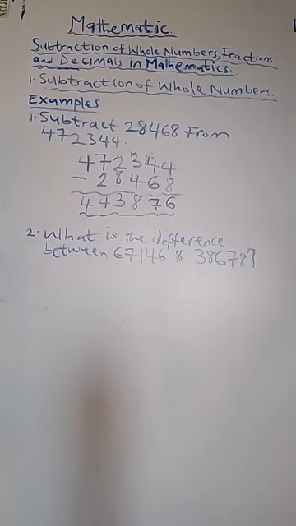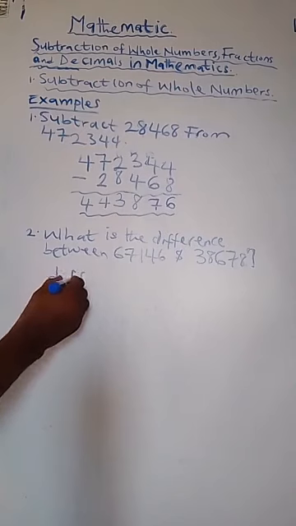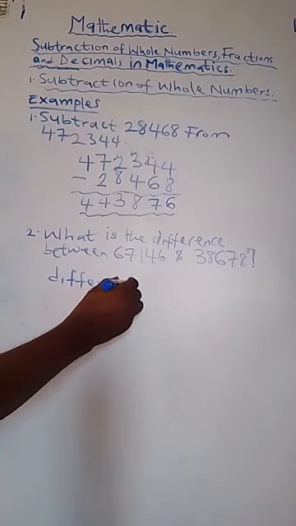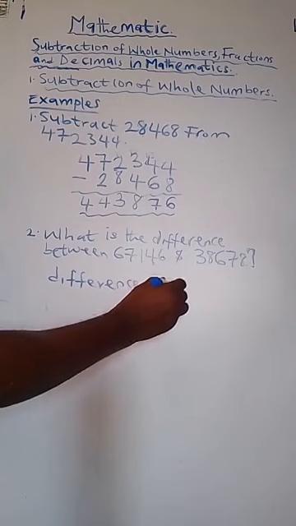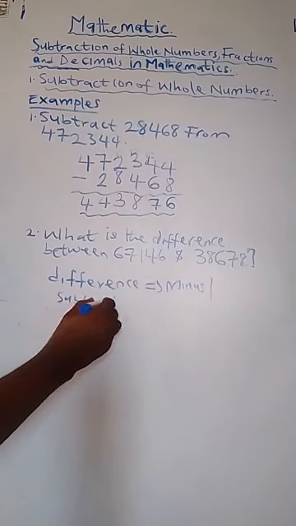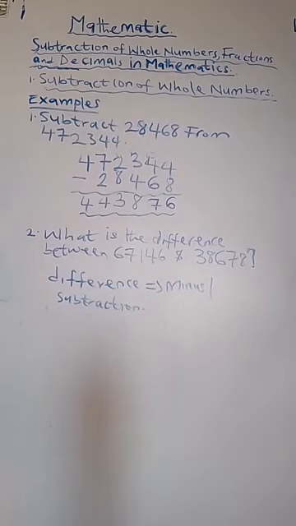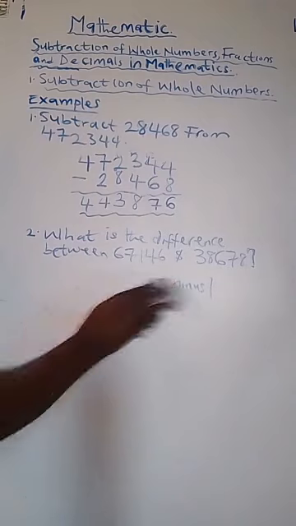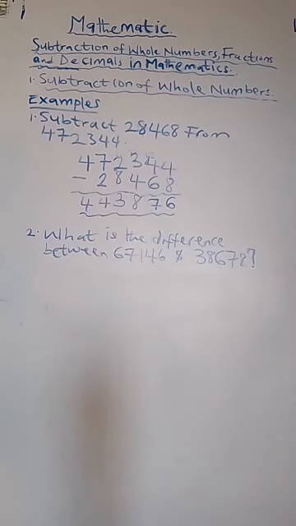38,678. Now, difference. Don't be scared when you hear the word difference in mathematics. It means minus or subtraction. So it's also asking you to remove one number from another number. So it's not a big word. Now let's go. How do we do it? We look at the biggest number. The biggest number is 67,146.